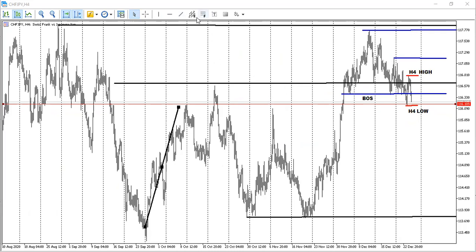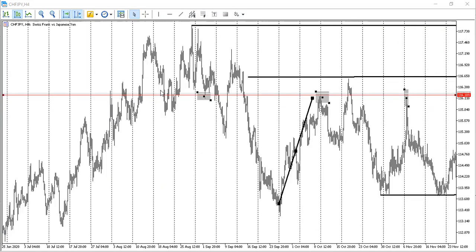If we check previous market, here it acts as a clear support. Here also it acts as a support. It also has a rejection here. It also has a support, a rejection, a support also.